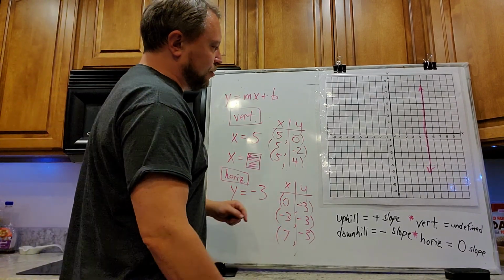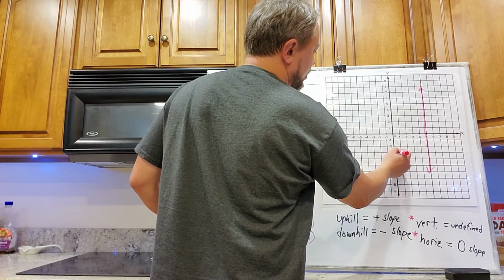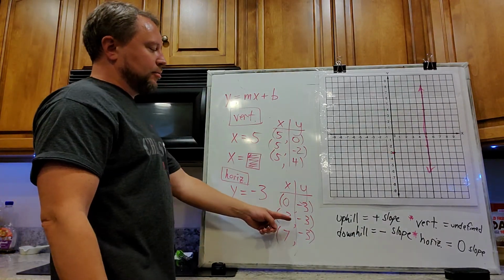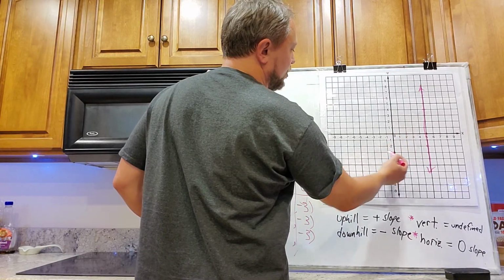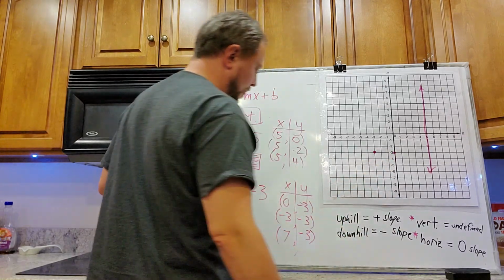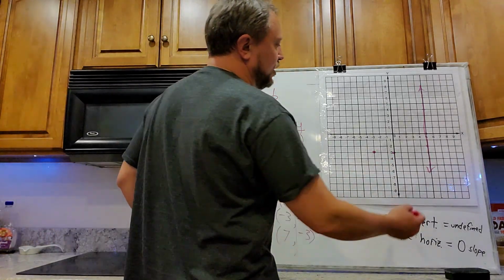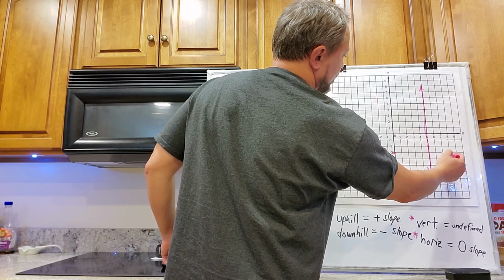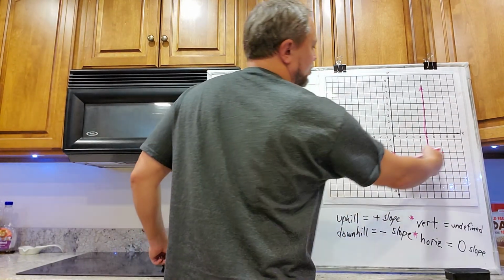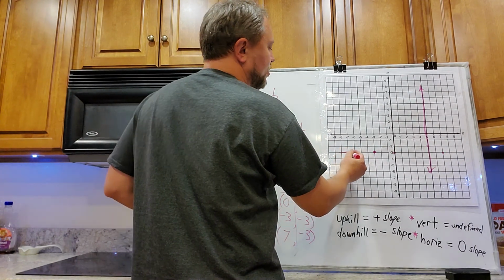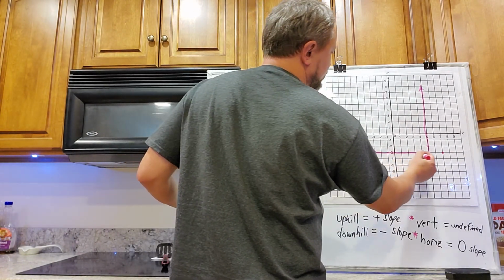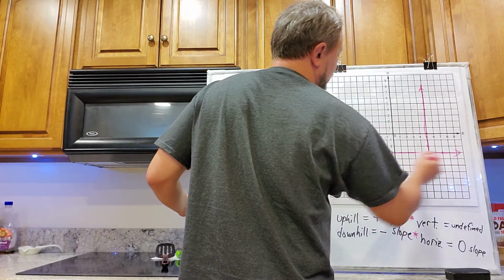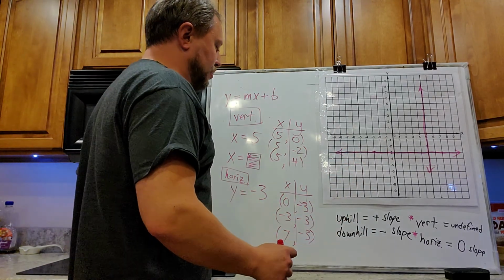So 0, -3 would be right there. -3, -3 is right there. And 7, -3. 7, -3 is right there. So you can see my points coming together. They're starting to make a line that, like as I just suspected, is perfectly horizontal on that one.